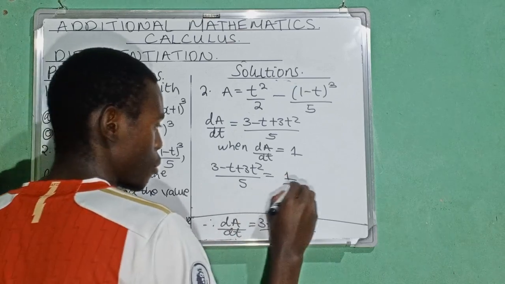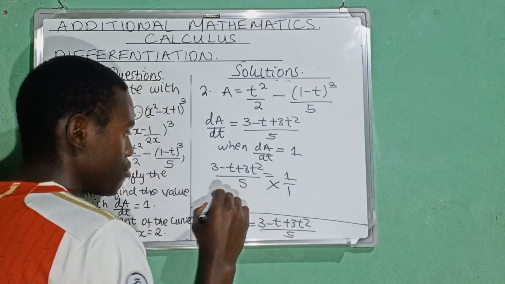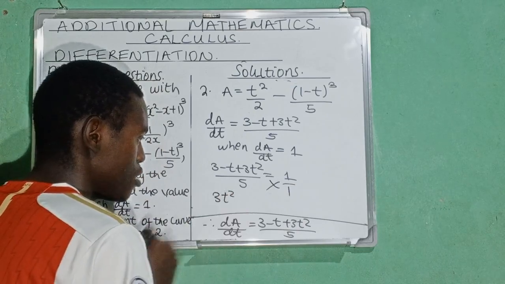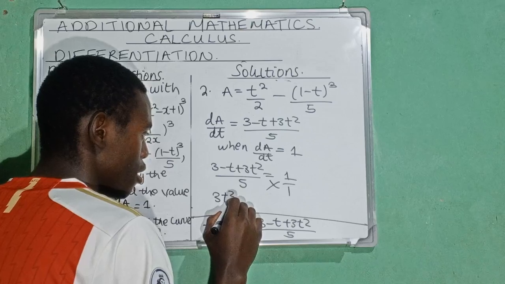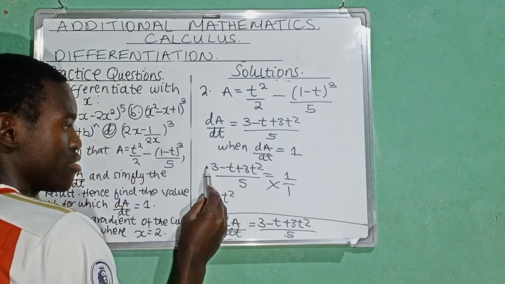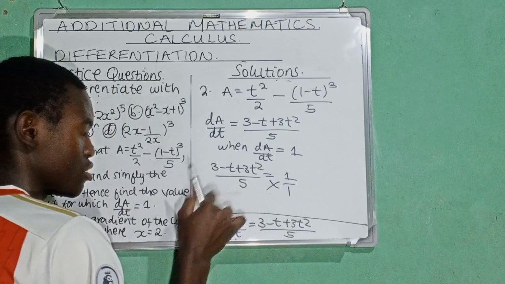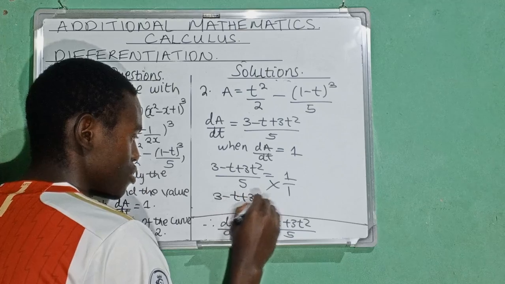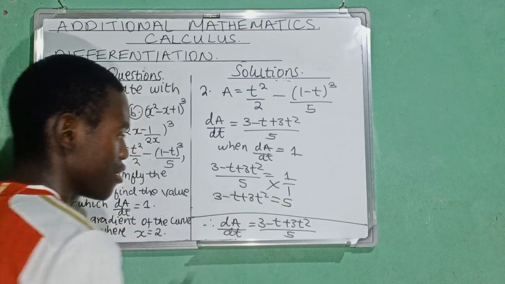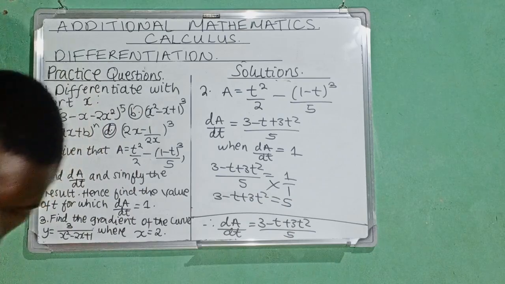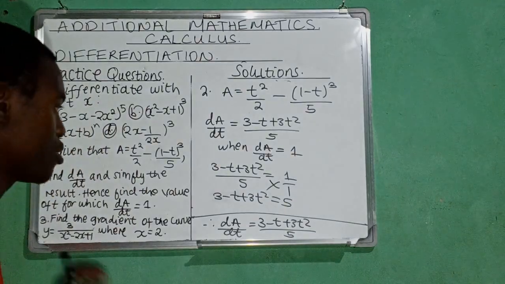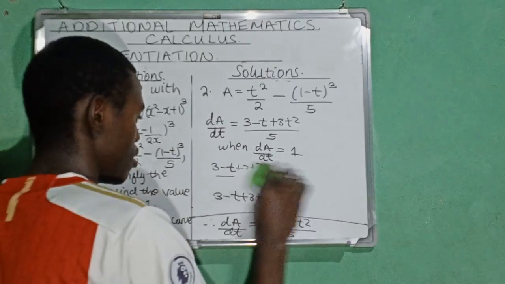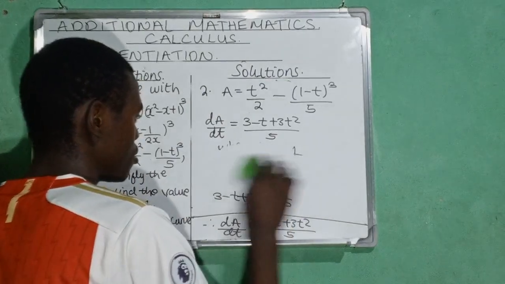So in this case, now we're going to cross multiply. 3 minus t plus 3t squared is equal to 5. As you can see, we are setting it up for a quadratic equation.